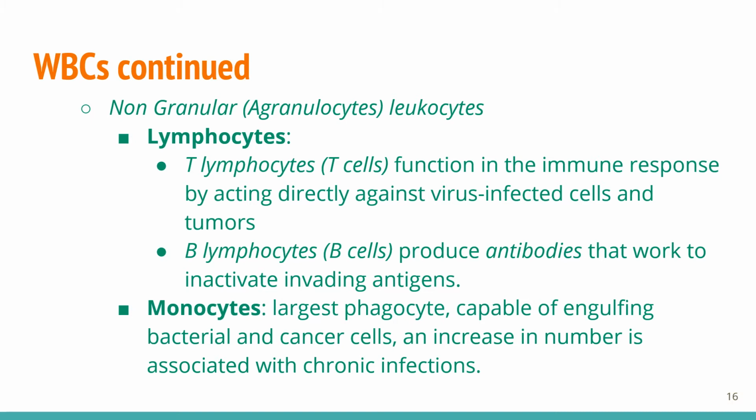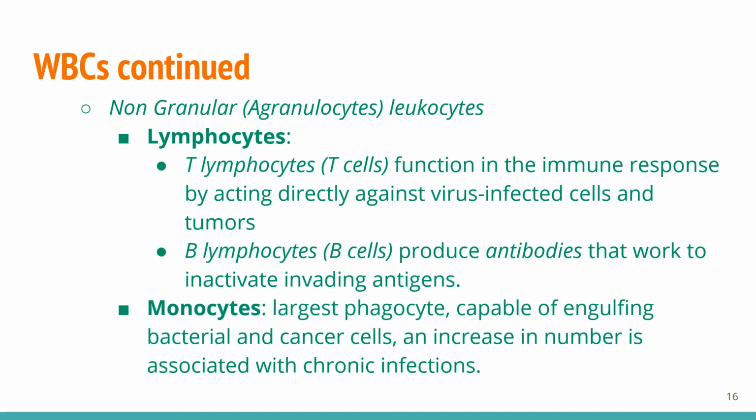Your T lymphocytes function in the immune response by acting directly against virus-infected cells and tumors, and your B lymphocytes, think B for antibodies, produce antibodies that work to inactivate invading antigens.